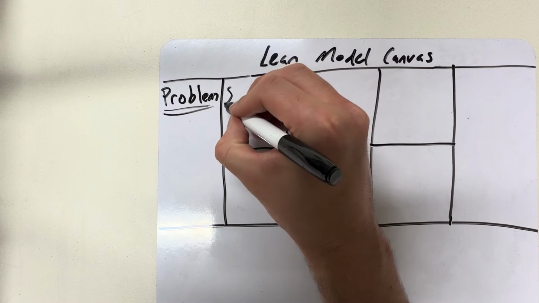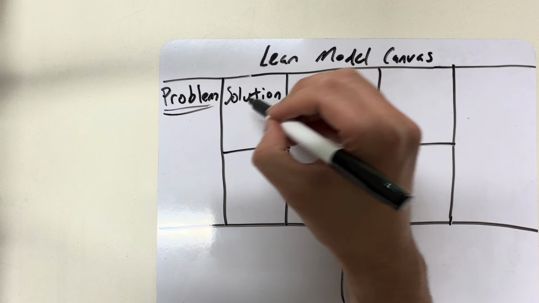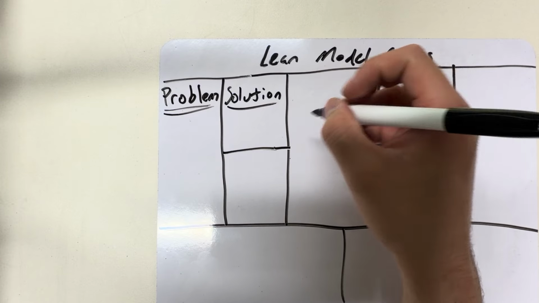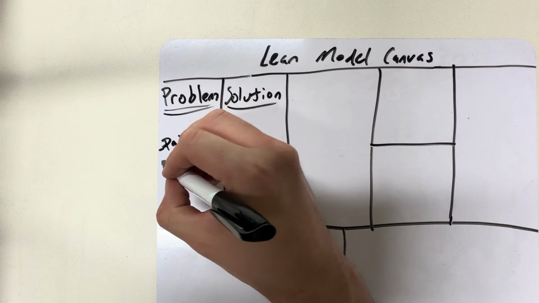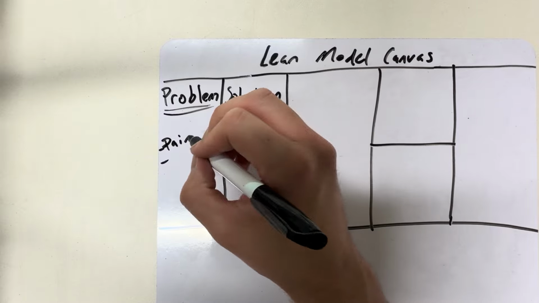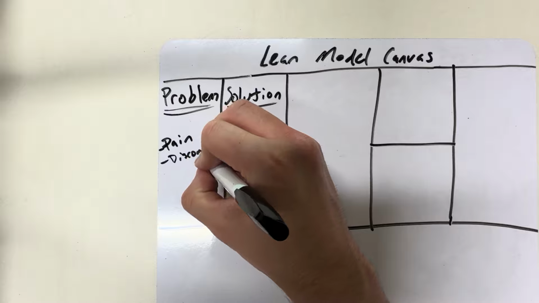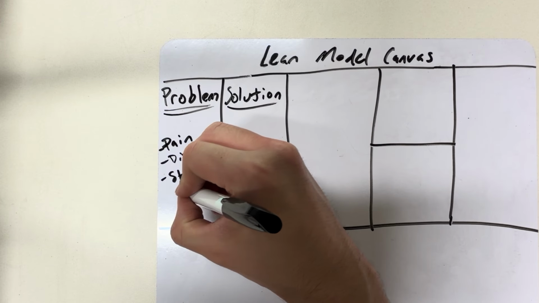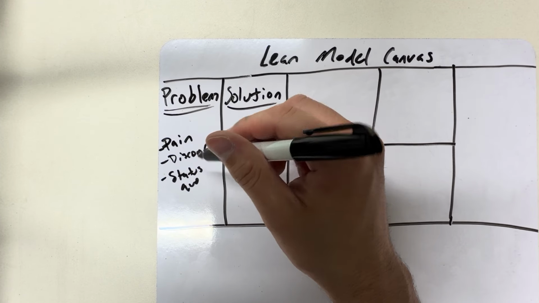So the next step is to identify the solution. So what's the solution? This is the relief, right? So here I'm just going to put pain out, or I don't know, pain, discomfort, or just status quo, because these are all problems that people can deal with.